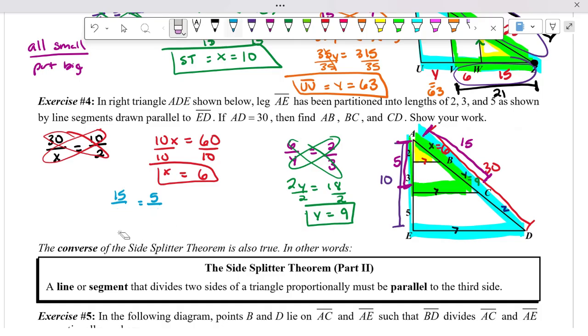So it'd be 15 over z, equal to 5 over 5. All right. Cross multiply. I get 5z is equal to 75. So if I divide both sides by 5, what's z equal to? 15.